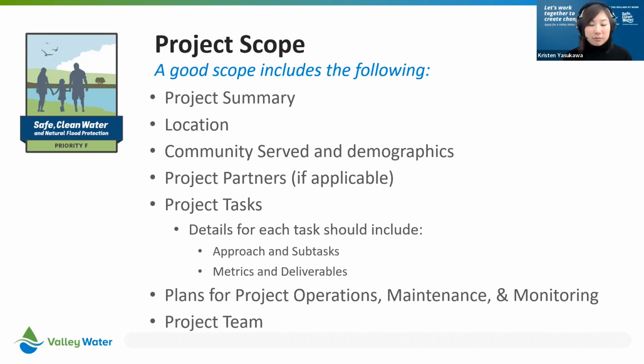So some projects, it's very common to say planning, design, construction. Other projects, it could be like we're going to do outreach, we're going to do education, or we're going to do a cleanup component, and then maybe there's a project management or administration task. So those are very common types of tasks that are usually described.